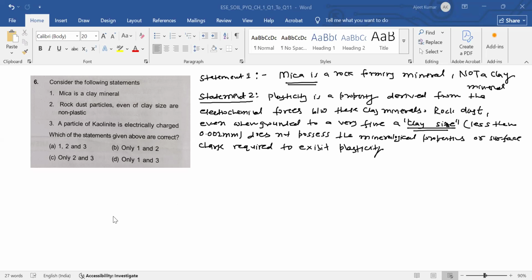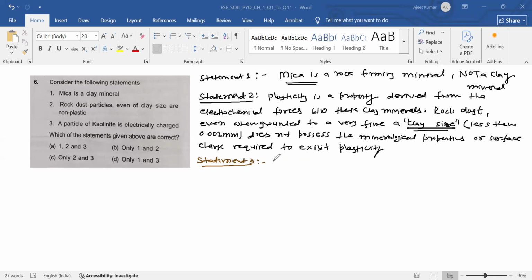What is statement 3? A particle of kaolinite is electrically charged. Yes.